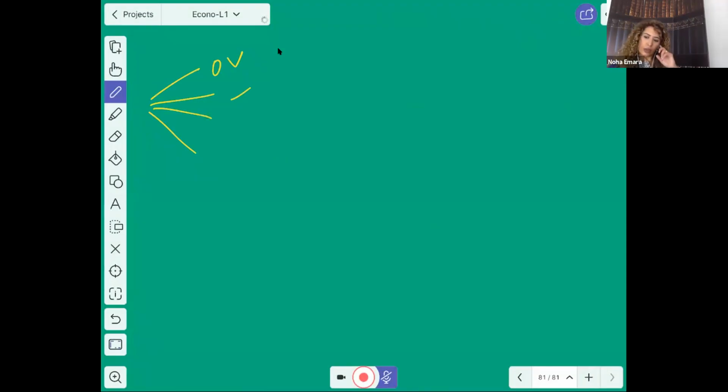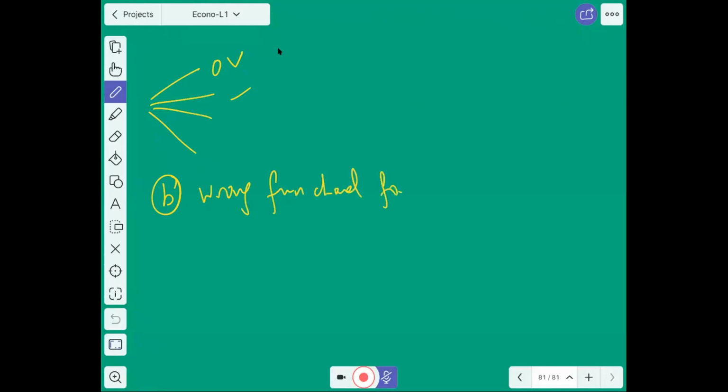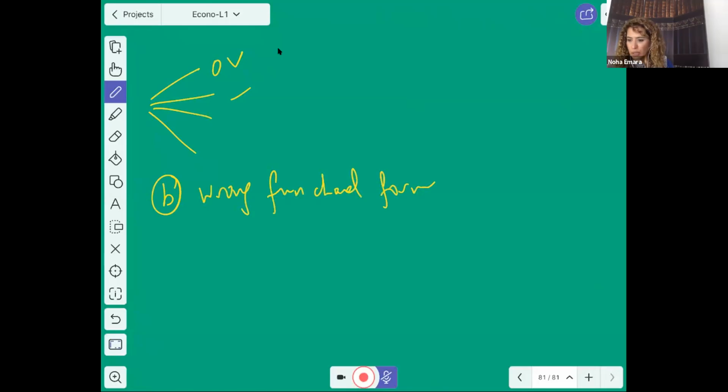What if I adopted the wrong functional form? Number B, wrong functional form. What is a wrong functional form? It can be any form of a model that I use. Suppose that your model is supposed to be yi equals beta naught plus beta 1 xi plus beta 2 xi squared plus beta 3 xi cubed plus ui.